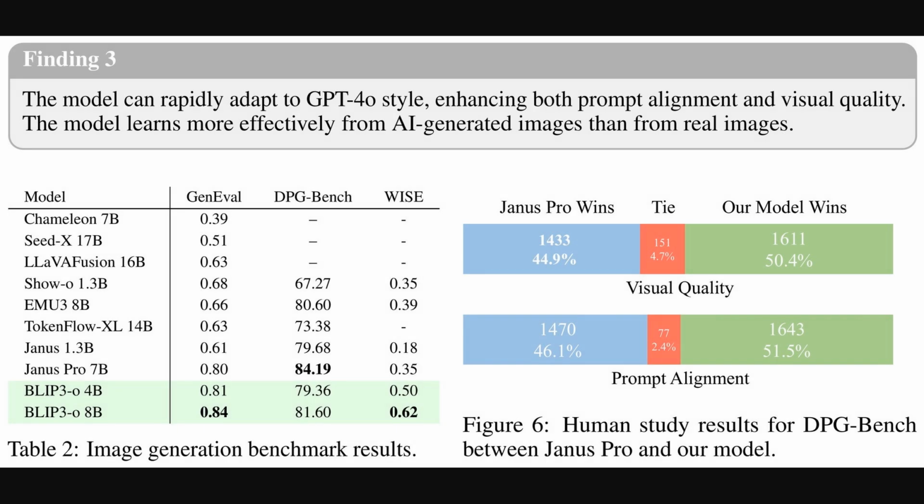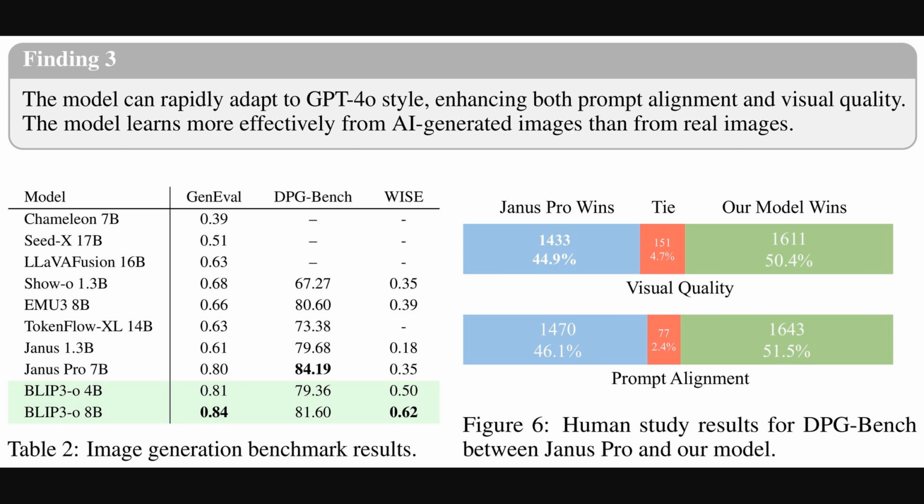So, after seeing how the design choices panned out in Figure 4, Table 2 here gives us a broader look at how BLIP3-o stacks up against other models on standard image generation benchmarks. We're again looking at GenEval and DPG-Bench scores, where higher is better, and there's also the WISE score. WISE, or Wasserstein Inception Score with embeddings, is another metric where higher scores indicate better image quality and diversity.